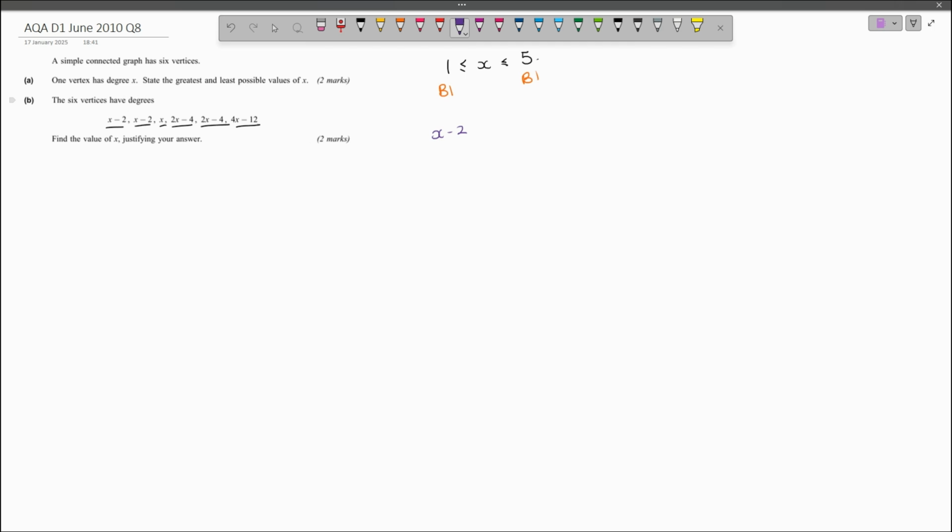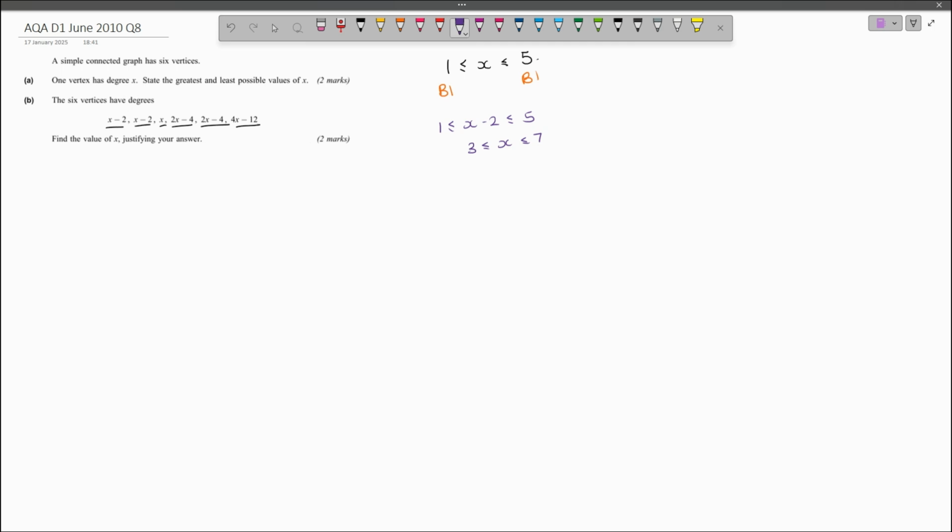And 4x subtract 12 has to be at least 1, and at most 5. So we can try solving those. We've got 1 is smaller than or equal to x subtract 2, which is smaller than or equal to 5. So that gives us x is between 3 and 7 for this one condition. We have 1 is less than or equal to x, which is less than or equal to 5.